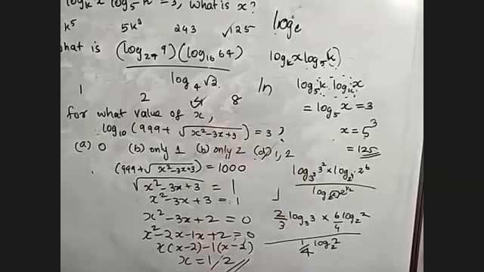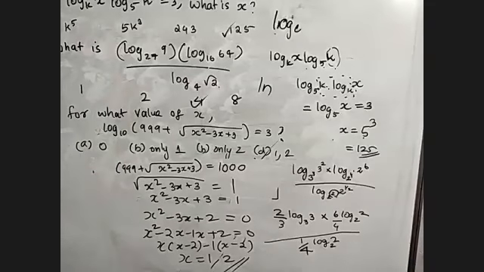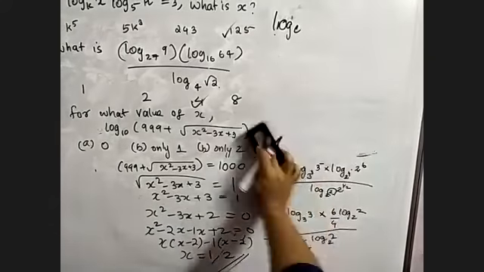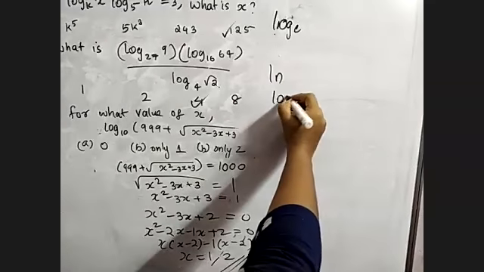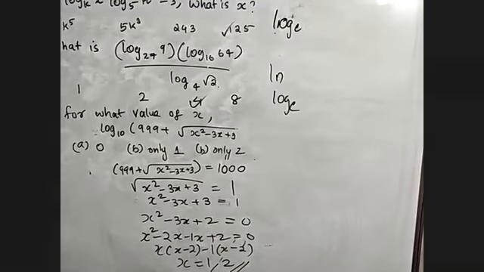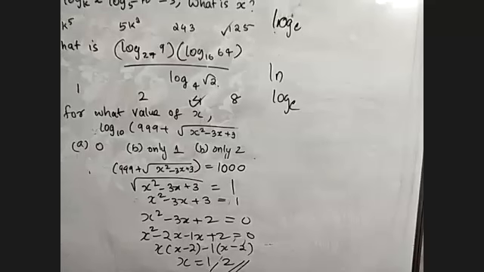We write log as ln. Yes, ma'am. Natural log, ln, that is the same as log to the base e. We are not mentioning any base. Log e x is equal to ln x. Understood?